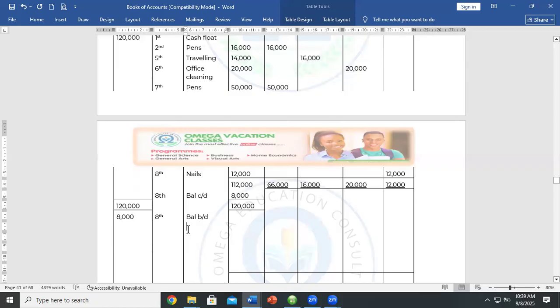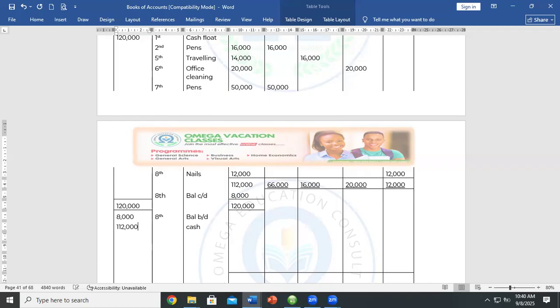And professors, from this question, the petty cashier as at the 8th of May 2019 has spent 112. So we are going to give that cash back to him and he's going to receive it. And if you receive it, you record it at the receipt side, 112,000.